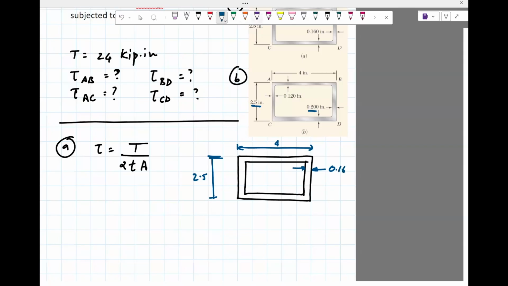Now remember that for the area, we have to get the median line. So let's draw the median line. And then for the area, we're just interested in this area.